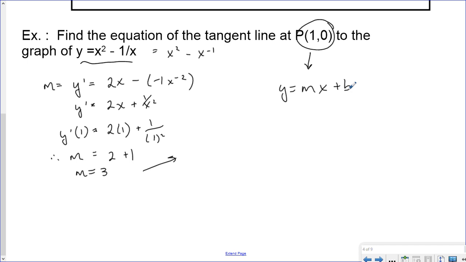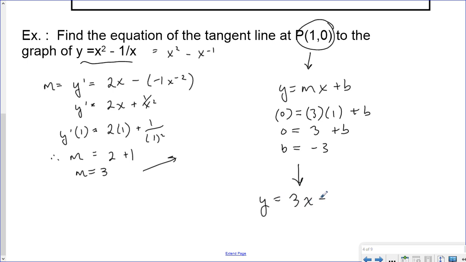So y equals 0, m I just found to be 3, my x was 1, and that's going to allow me to find the value of b here, and it allows me to write my tangent line.